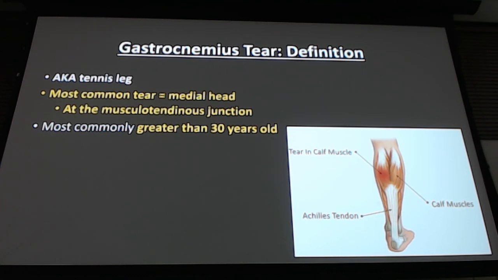Where's the most common tear? I just mentioned it, medial head. You need to know that. Because if somebody presents with a lateral head gastrocnemius tear, then that means that probably the medial head and the lateral head are involved, correct? So that can be more significant. But the most common is the medial head, okay? And it's at the musculotendinous junction. It's literally what it shows you there, right?